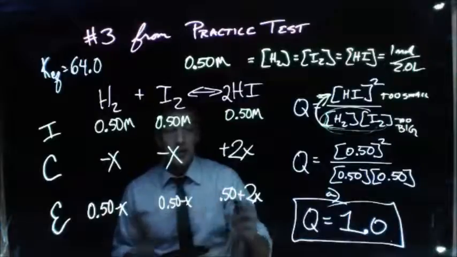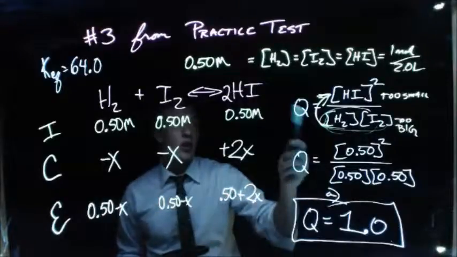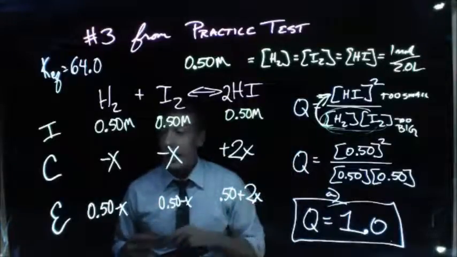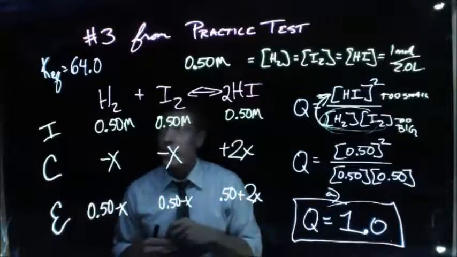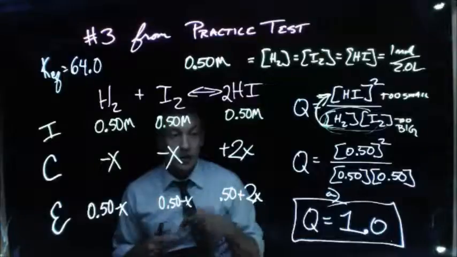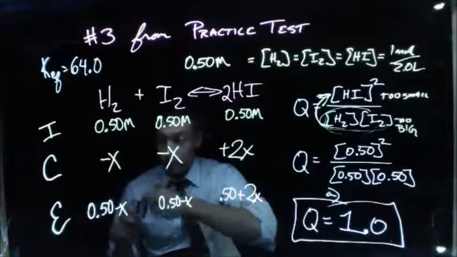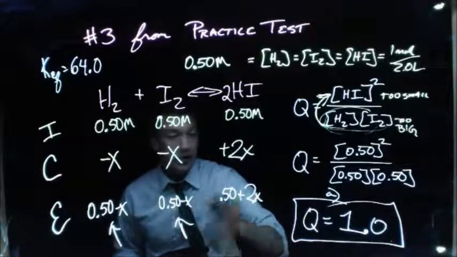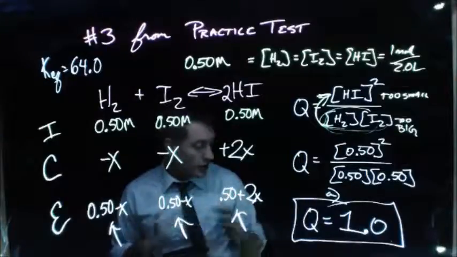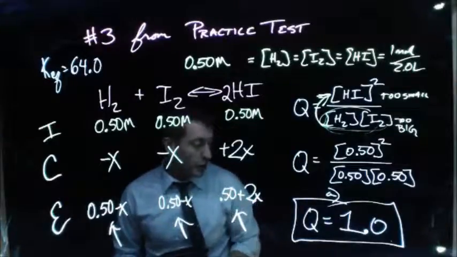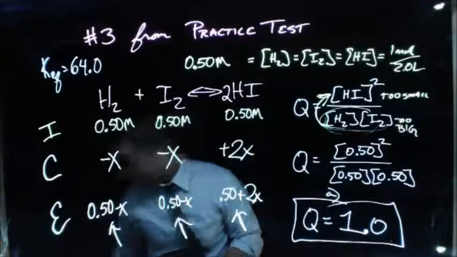And now we can plug these into our equilibrium expression and find what this x would equal. Once we know what x would equal, then we would plug those into these values here to figure out the equilibrium concentrations. So I need to make some board space, and we will plug those numbers in.